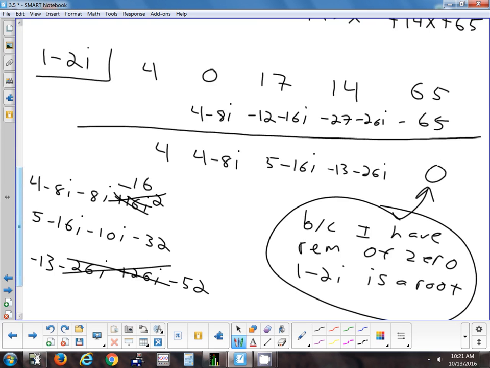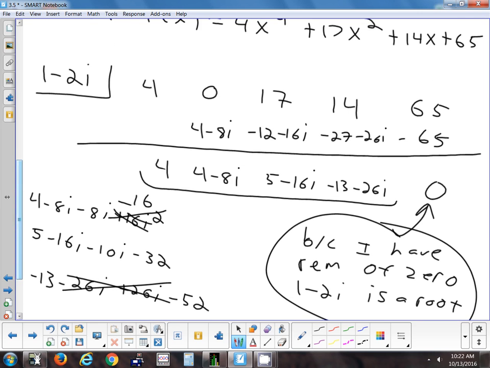What will be your Q? We're not worrying about the quotient. The quotient wouldn't even be a polynomial, because we have all these imaginaries. You wouldn't be asked about a quotient. I mean, this is your quotient, but we're not going to talk about it.